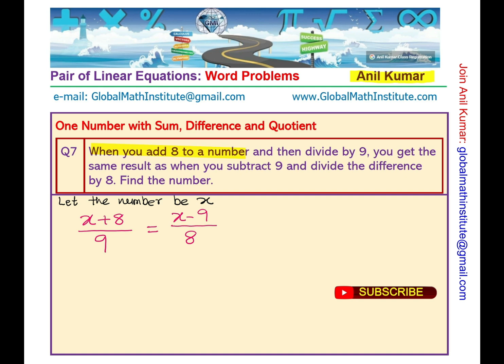Now we have a linear equation. We can solve this by cross multiplication. This type of linear equation is kind of a proportion, right?